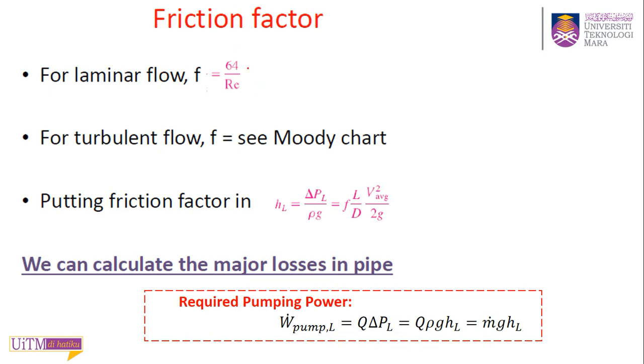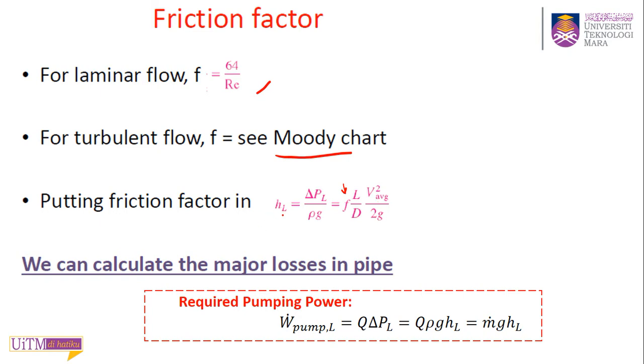Okay, so we settle for this. To get your friction factor for laminar flow, just 64 over Re. For turbulent flow, we need to use a Moody chart. I will discuss this in the next slide. After we get the F, we can just plug the value into our equation, together with the other values: the length of the pipe, the diameter of the pipe, the velocity of the fluid flow, and the gravity constant.